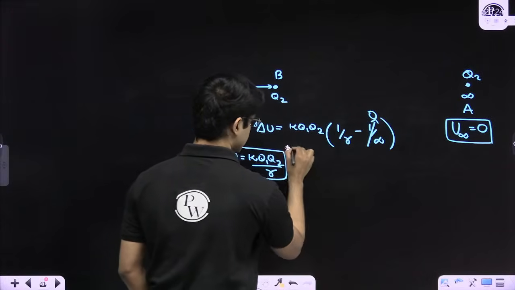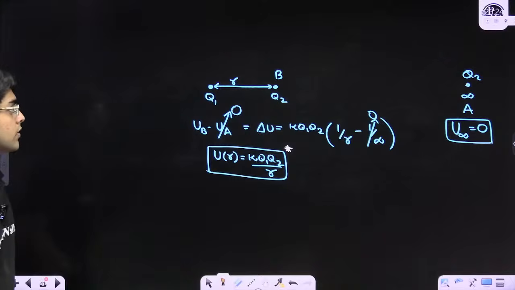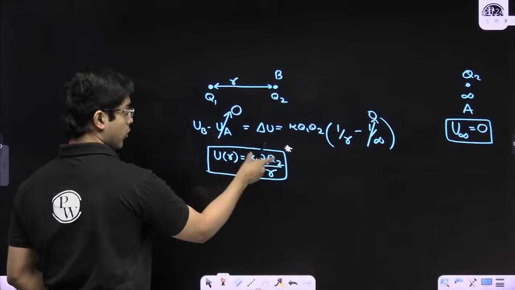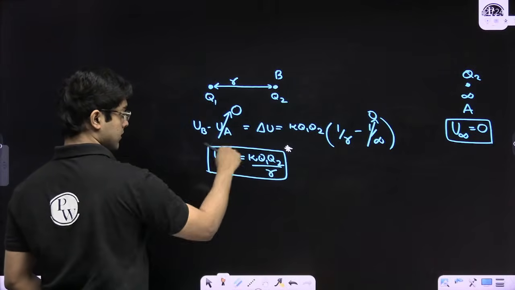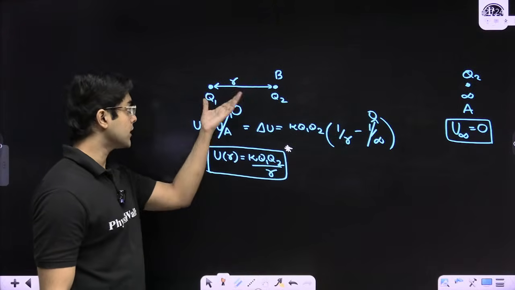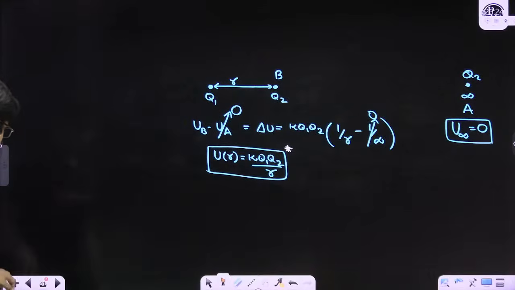If we have a system of two charges, Q1 and Q2, and they are separated by R distance, then the potential energy of this system is K Q1 Q2 by R. So if we know this result, we can actually use energy conservation in problems involving this.